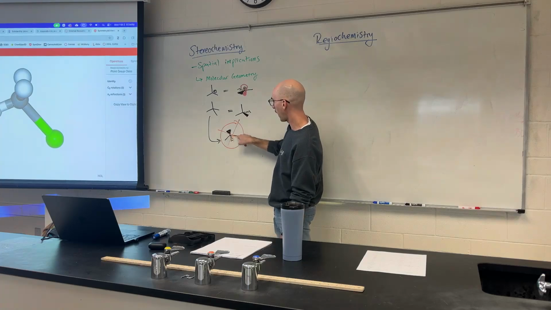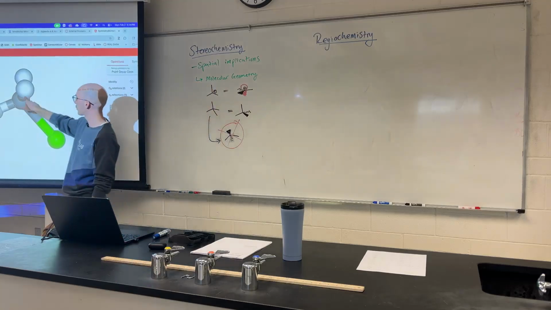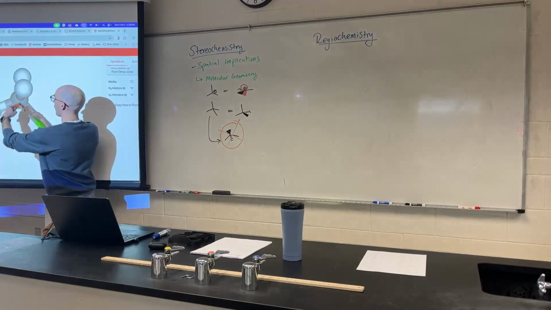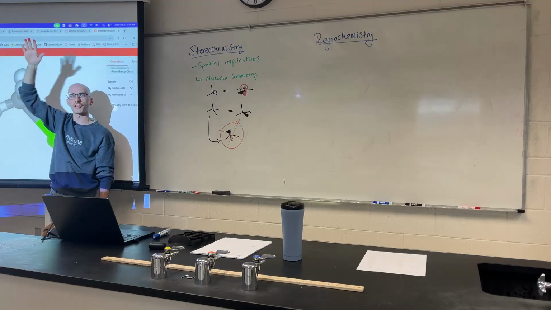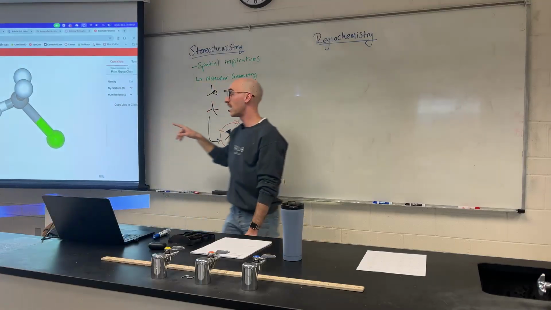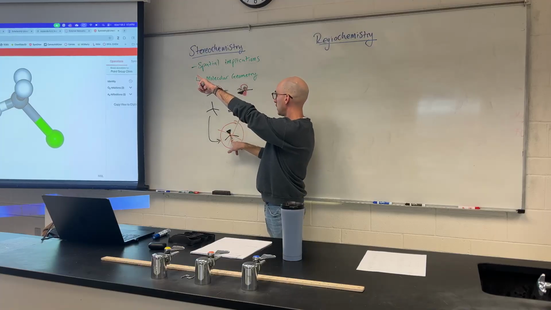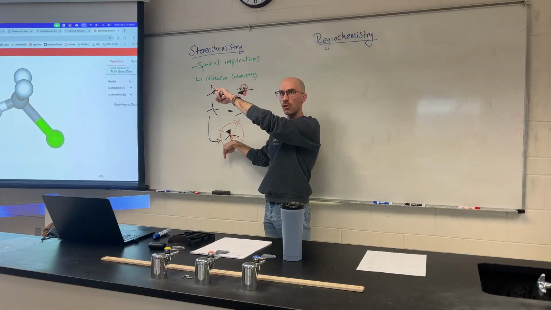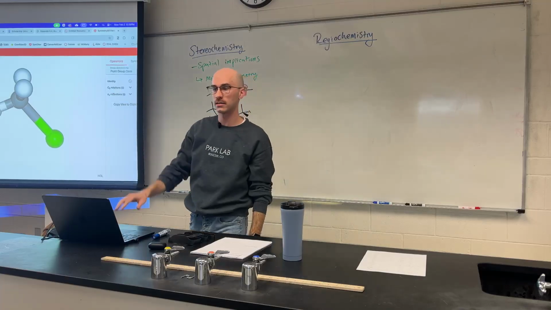There's this vertex of the two bonds that are in plane. They create this vertex, and out of that vertex, I have a group coming towards me and a group going away from me. I do not have a group coming towards me above that vertex and a group going away from me below that vertex. Do you agree that this does not look like this?